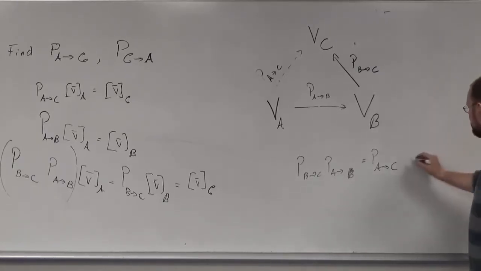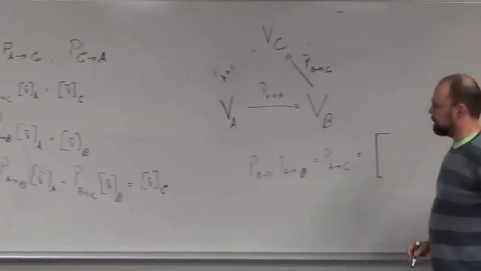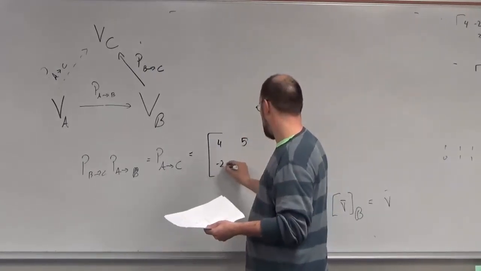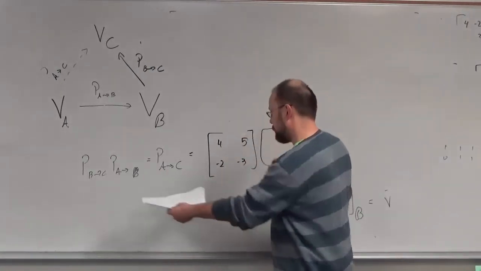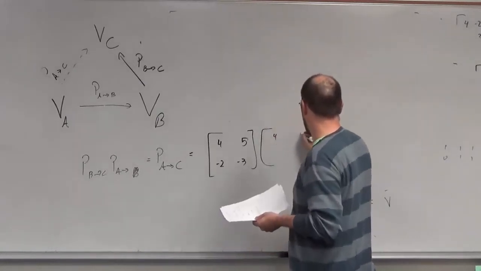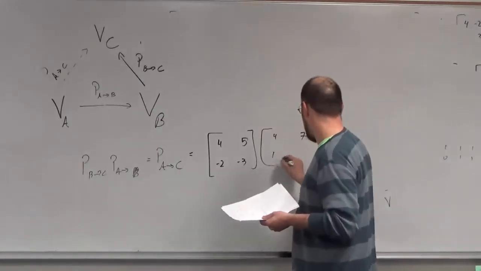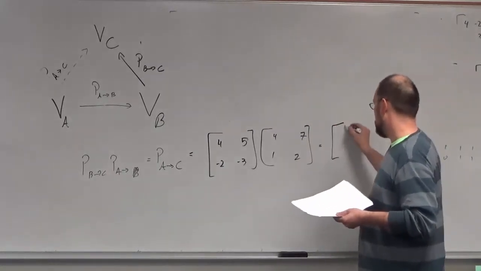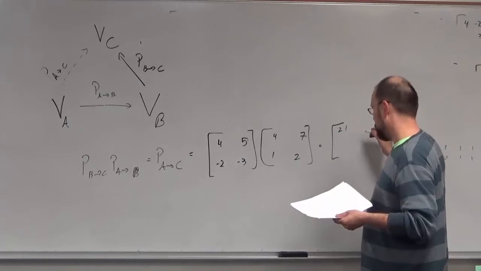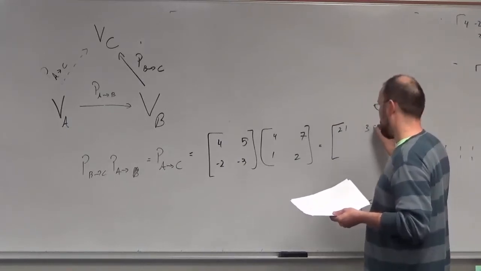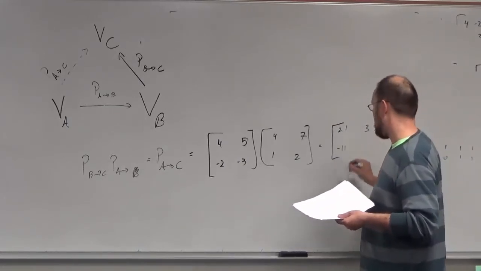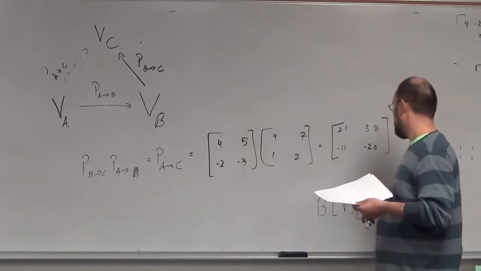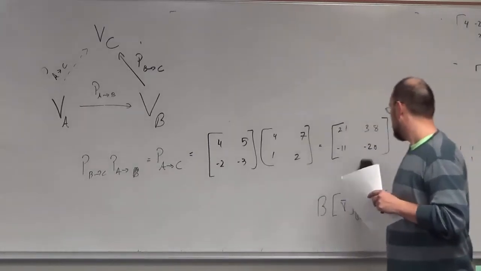So this is going to be the transition from B to C times the transition from A to B. So there you go: 21, 28, and 10, negative 11, negative 14. That would be the transition matrix.